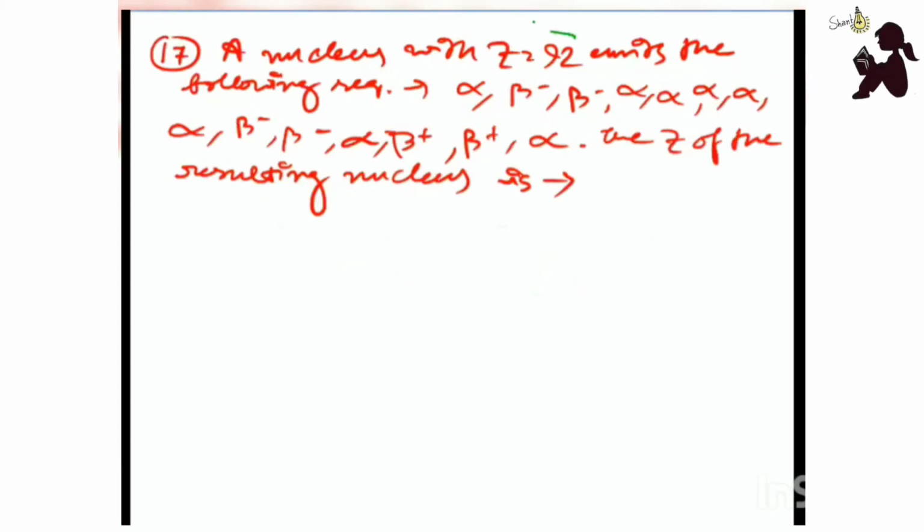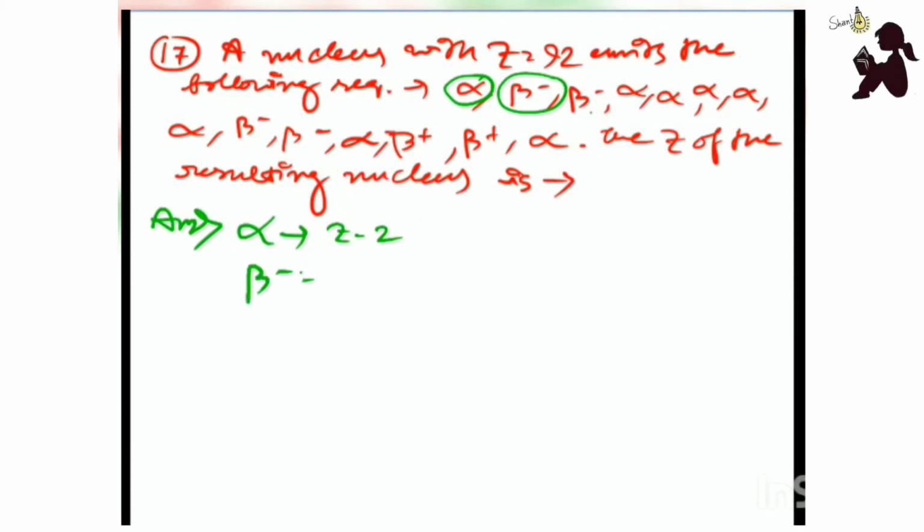Now a nucleus has Z equal to 92 value, but you can see that they have rays passed through them. So what are they? That is alpha, beta minus, beta minus, alpha, alpha. So that will be the sequence. So to conclude this answer, for alpha, if an alpha is emitted, it always takes 2 protons from it, okay, so it will be minus 2.